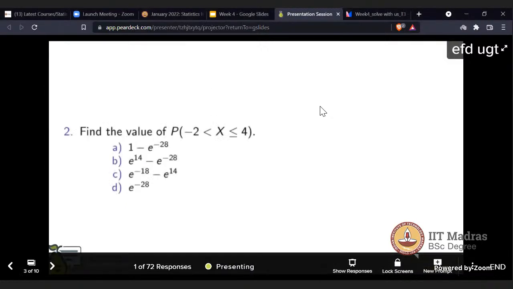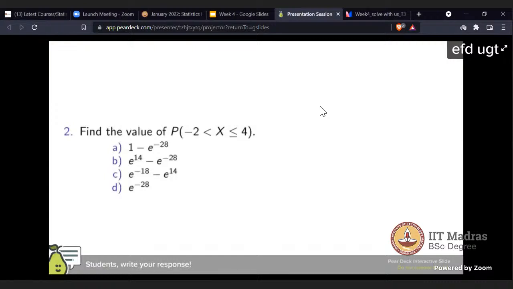Can we get it by differentiating also, ma'am? Because we can differentiate the CDF and then put in the value. Is that also a way? Yeah, that is also a way.